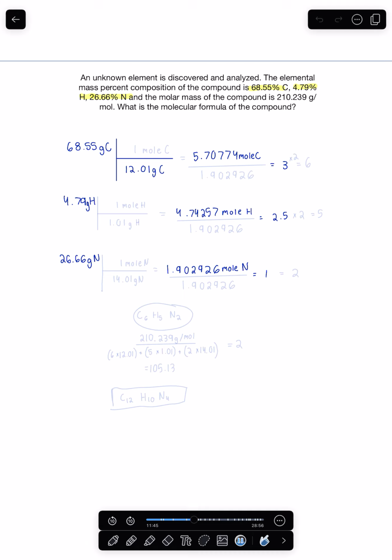I'm going to write that down here so the grams cancel out, for every 1 mole of carbon. Hydrogen has a very small molar mass, 1.01 for every 1 mole.